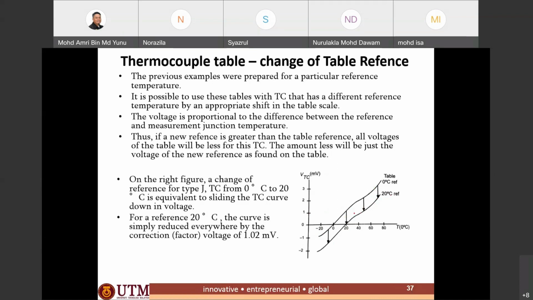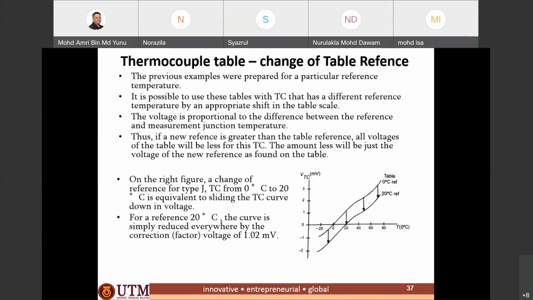All the values are reduced when the reference temperature is increased. So for all the values, there will be a correction factor.